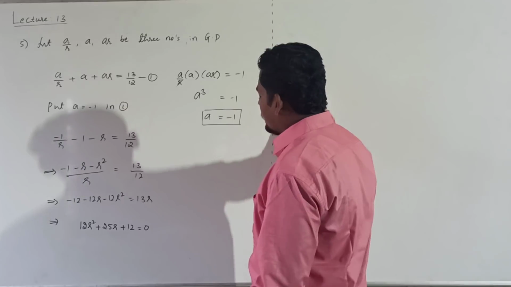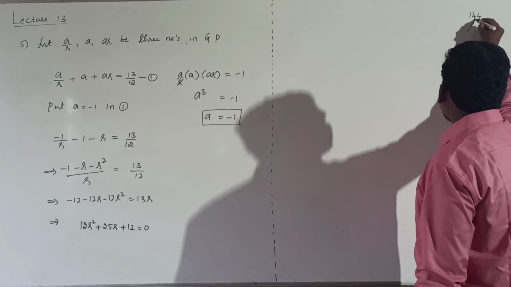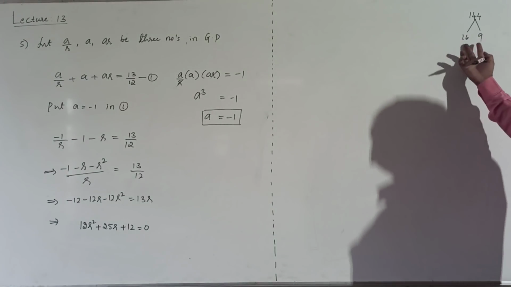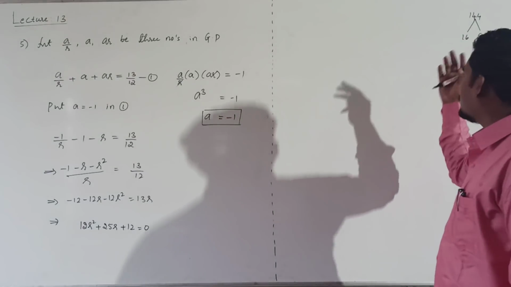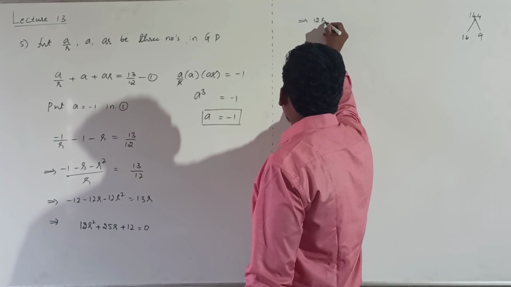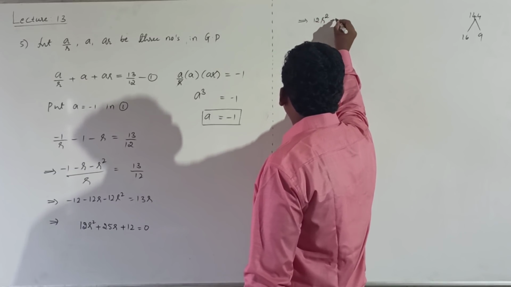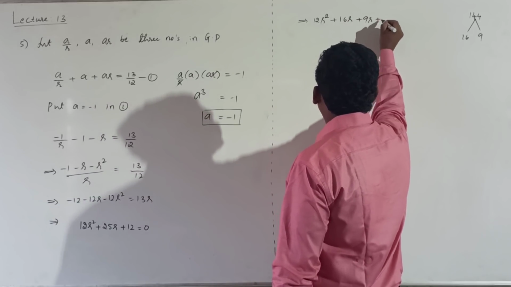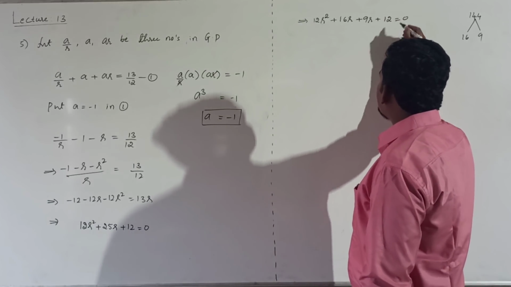Now solve this quadratic equation. The product of two numbers should be equal to 144 and their sum should be 25. 16 into 9: if you add these two numbers, we get 25, and their product is clearly 144. Then 12r square plus 16r plus 9r plus 12 is equal to 0.